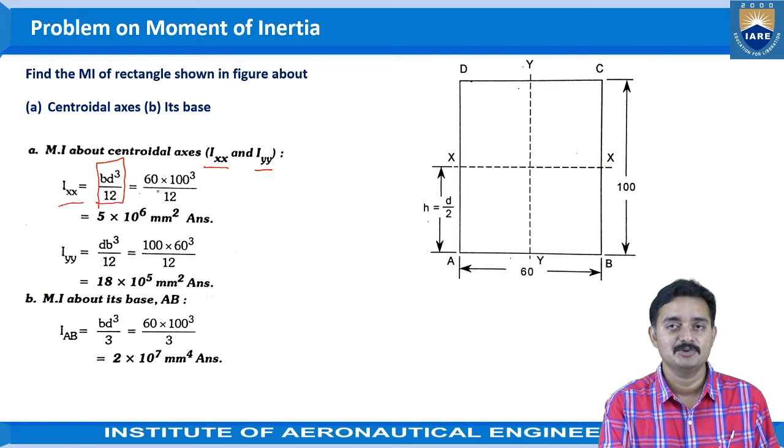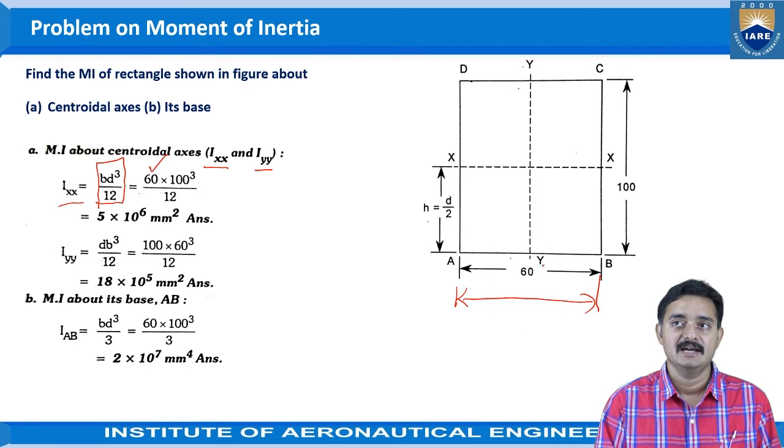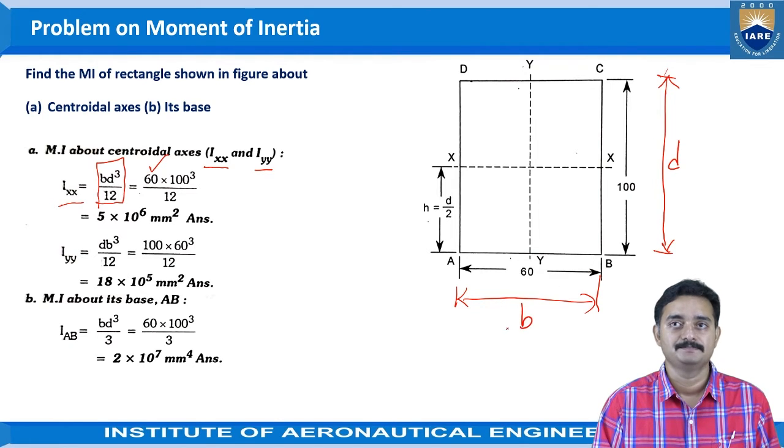When you substitute the values, the breadth of the rectangle is 60 and the depth is 100, so this would be your D and this would be your B. So we get BD cubed by 12, 60 into 100 cubed by 12.